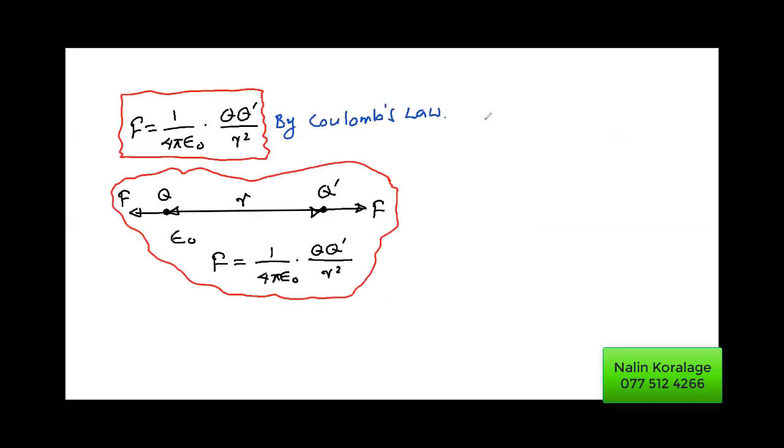So we got that F is equal to 1 over 4 times pi epsilon naught, that entire block was for K, times Q Q dash over R squared. Now, one point charge is there, and we have another point charge.